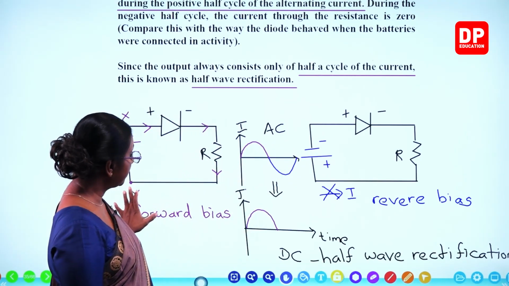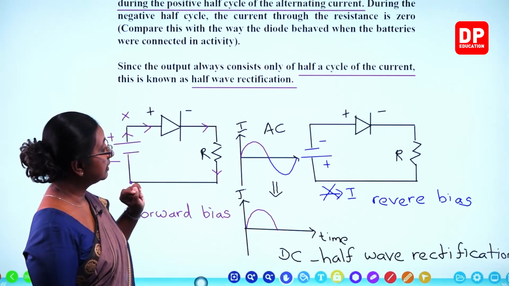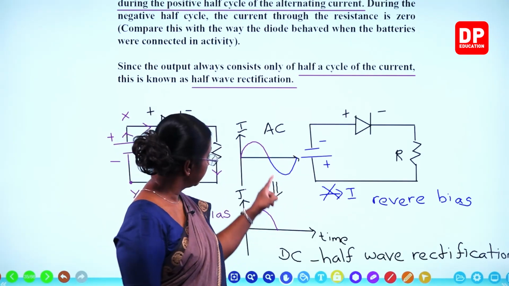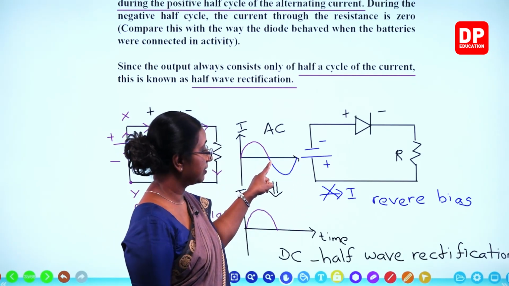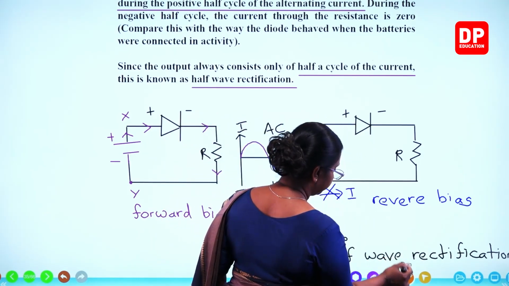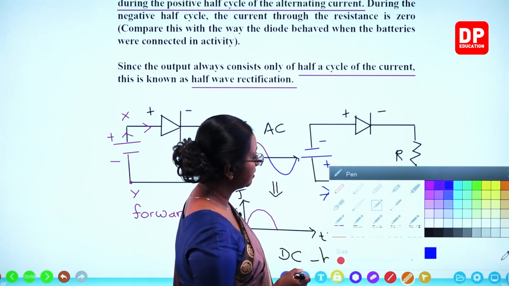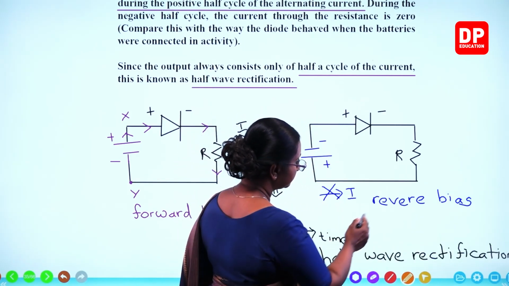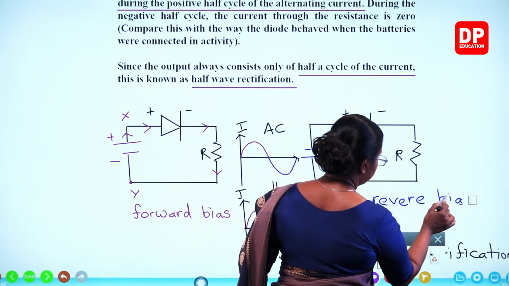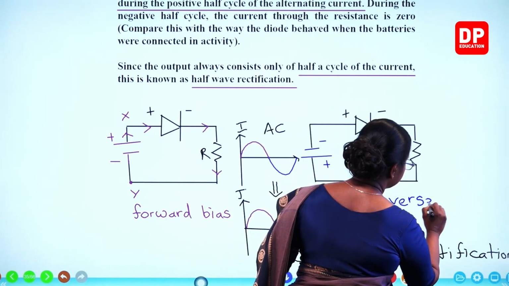So this is forward bias, allows the current to flow through it, the pink color arrows, whereas when you change the terminals, that is like the negative current. That is reverse bias. Reverse bias.